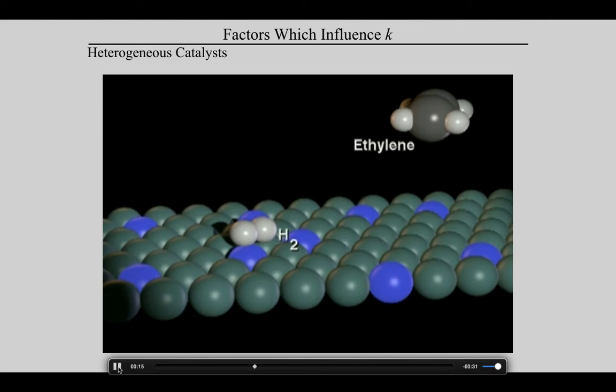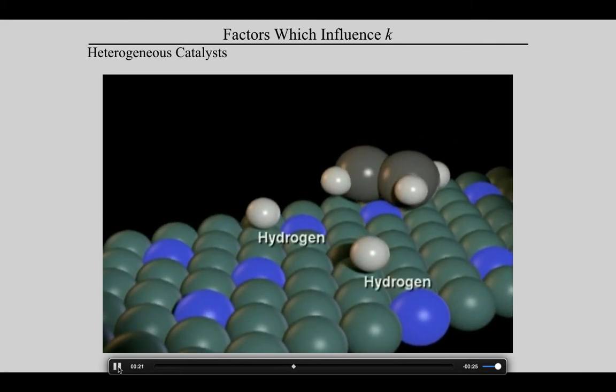Exposed to this surface, they are adsorbed in a process called chemisorption. The H2 molecules dissociate into hydrogen atoms. Why? So guys, look at what just happened. These hydrogen molecules were not just adsorbed, but something else about the polarity of this surface weakened the bond between the hydrogens, causing them to dissociate.